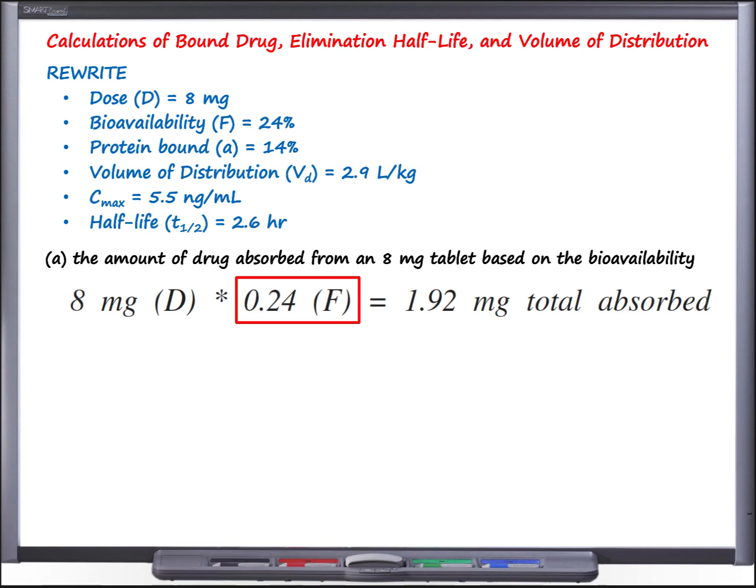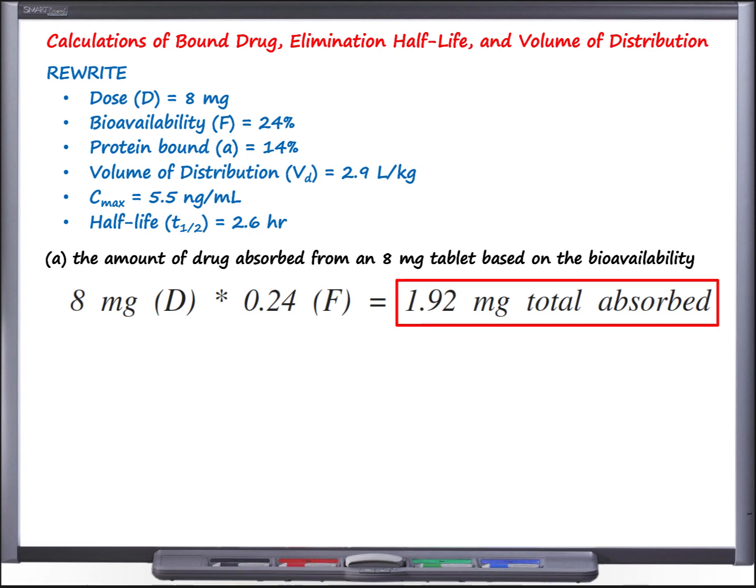Expressed in numeric form, 24 divided by 100 is 0.24. So we multiply 8 by 0.24, and of that total 8 milligrams, only 1.92 milligrams is going to be absorbed and get into the blood. So 1.92 milligrams gets into the blood based off of this tablet's bioavailability.